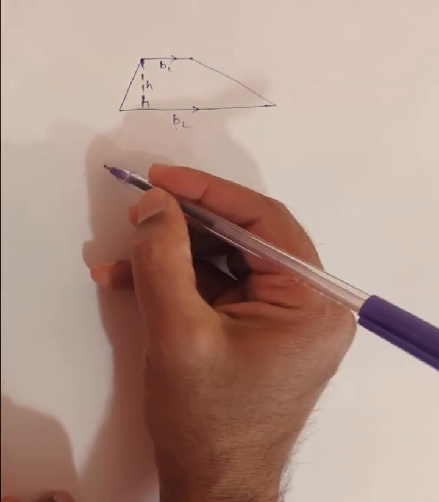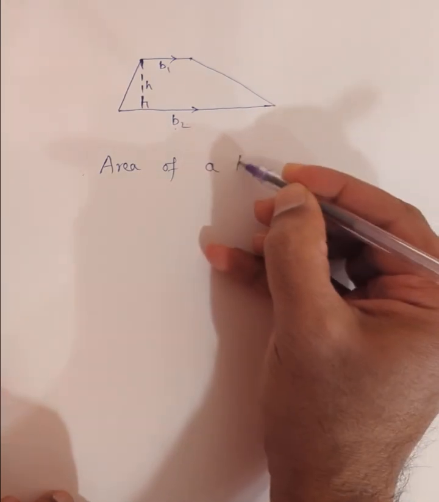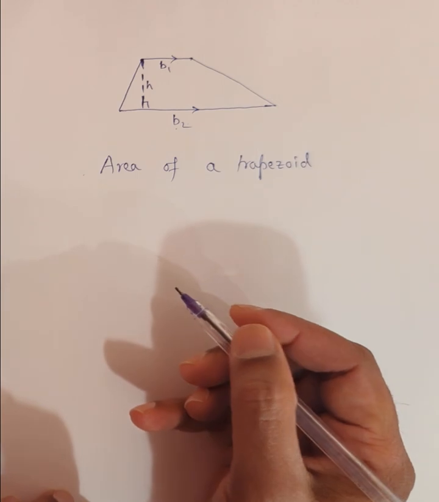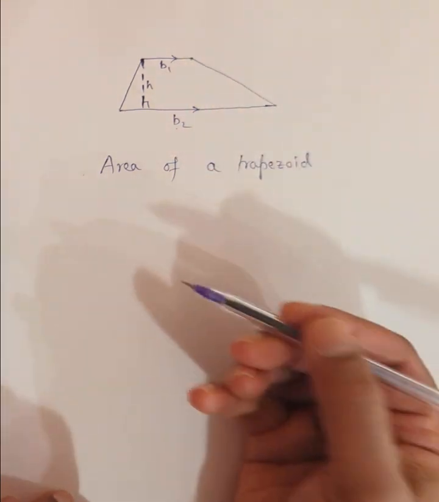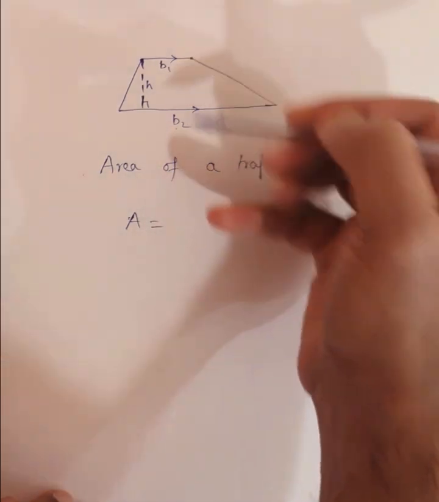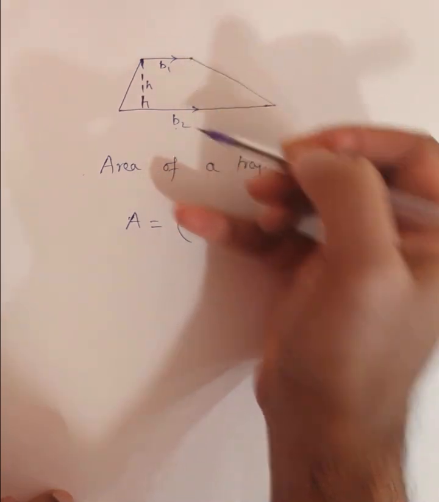So how are you going to find the area of a trapezoid in that case? Now, you can prove it if you want. If you don't have equal bases, then what you do is you take the average of the bases. So what is the average? How do you get the average of two numbers?